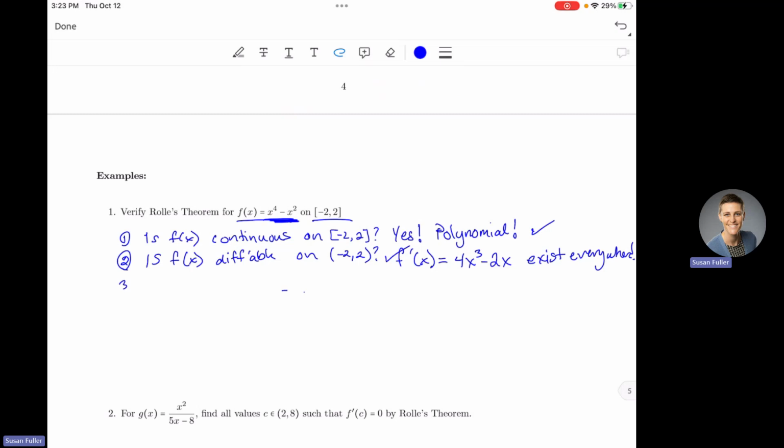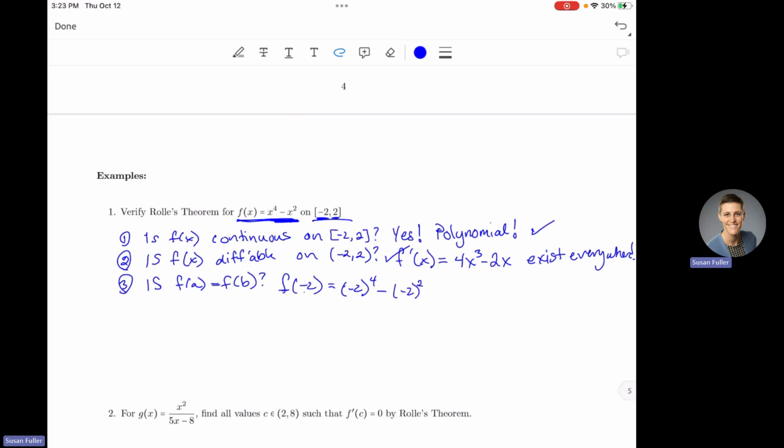And then the third one that we have to check is, is f of a equal to f of b? Are the y values at my endpoints the same? Well, my endpoints, a is -2 and b is +2. So I'm just going to double check this quick. F of -2, to find my y value there, I'm going to come to my original function, and I'm going to have -2 to the fourth power minus -2 squared.